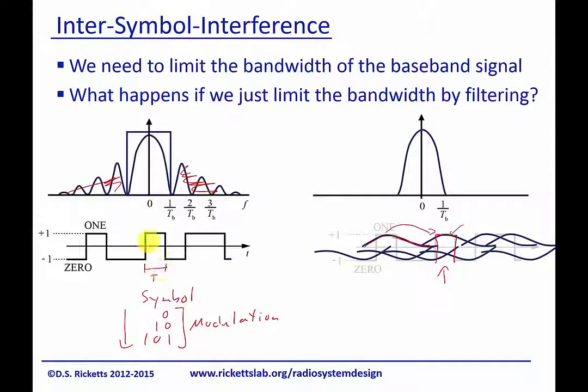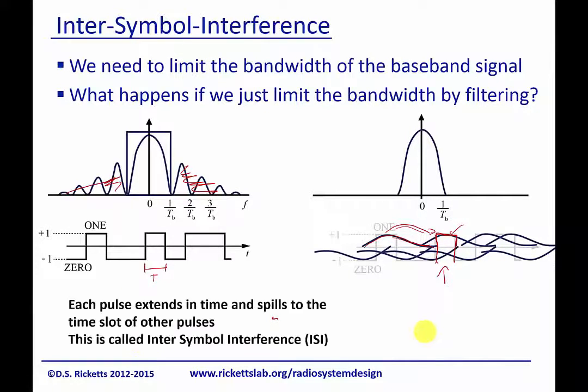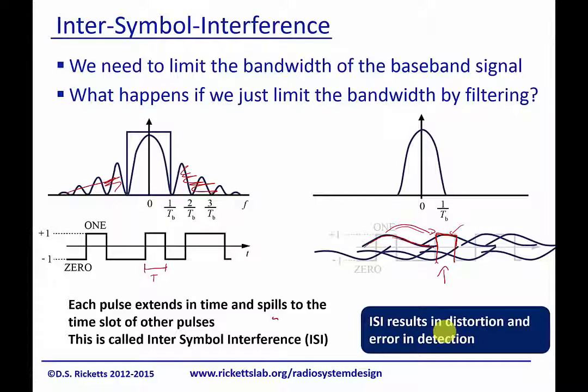So in this time t, we get this spillover, and we don't know if the signal we're receiving is due to the current signal or due to what came before this. And as each pulse spills in, it's what we call intersymbol interference. And it results in distortion and ultimately in error in the detection of the signal.